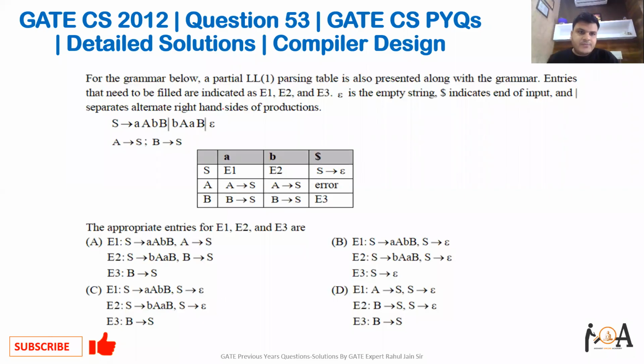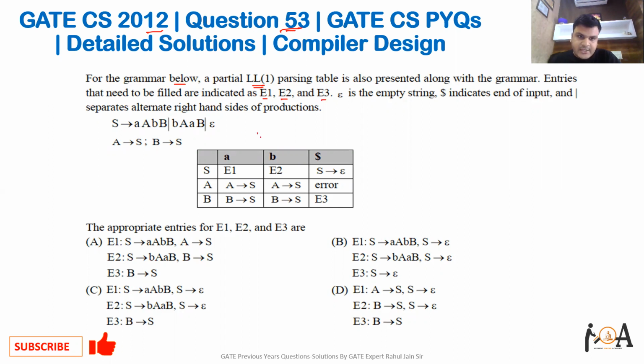So the question asked in GATE CS 2012, question number 53, was: for the grammar below, a partial LL1 parsing table is also presented along with the grammar. Entries that need to be filled are indicated as E1, E2 and E3.